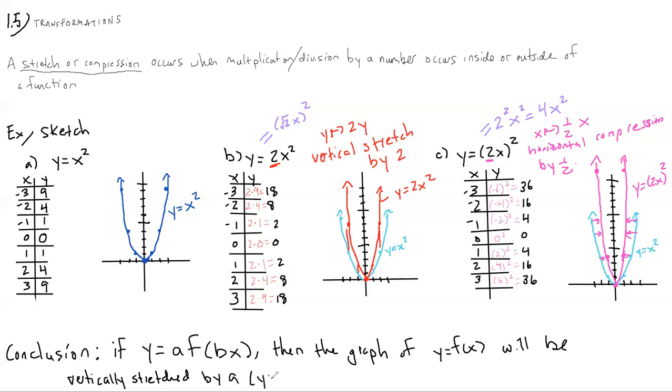So all of the y's become a y's. You can actually go through point by point and multiply all of those y values by a.